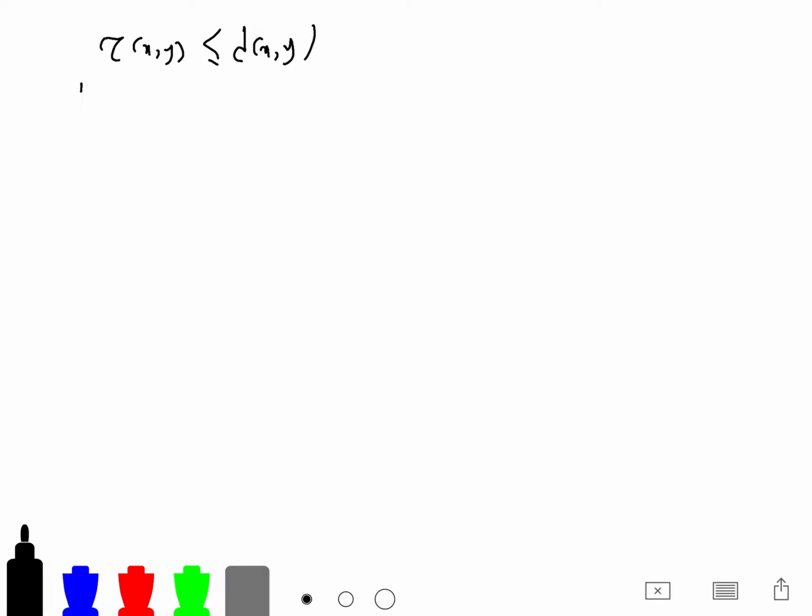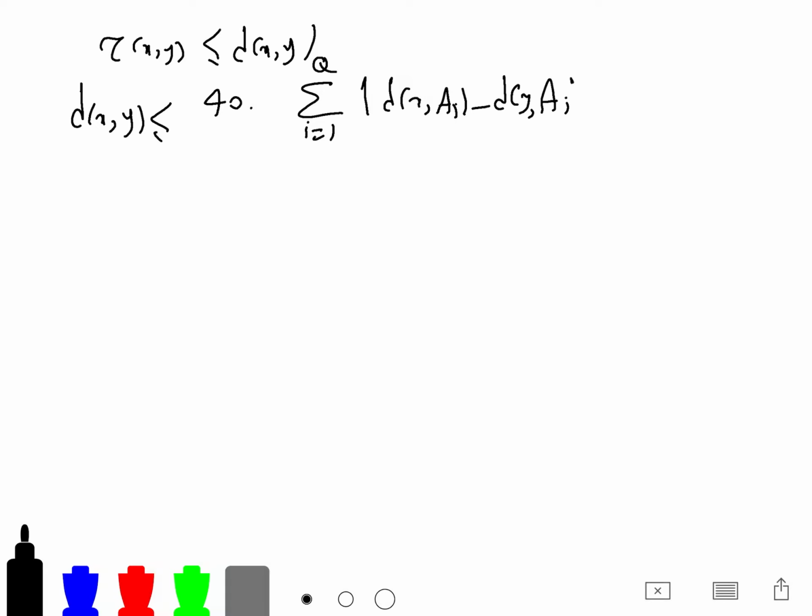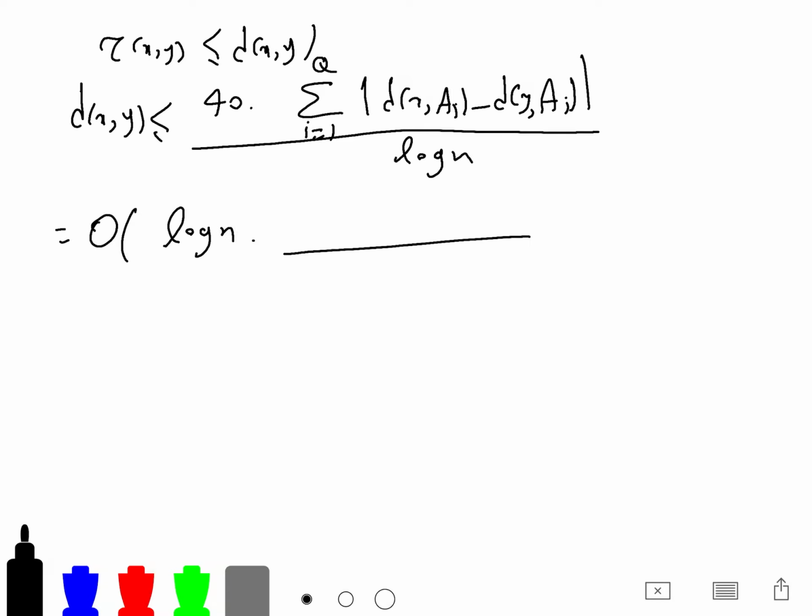And on the other hand, d of x and y is less than order of log n over q times the sum of i from 1 to q of d of x and ai minus d of y and ai.